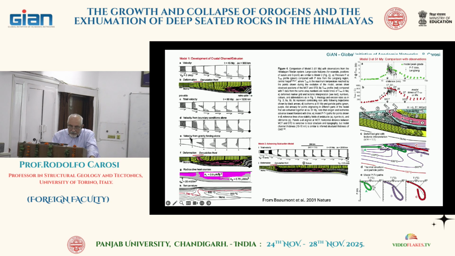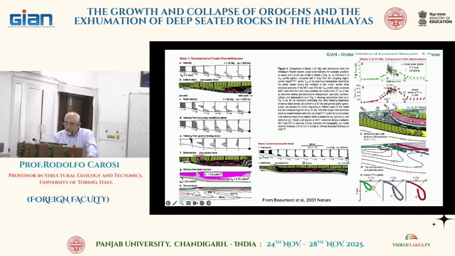And maybe this amount of heat source is overestimated, because there are later papers demonstrating that the heat source from the sediments of the Indian plate is not so high. So they also take into account the shape of the isograds here and below.